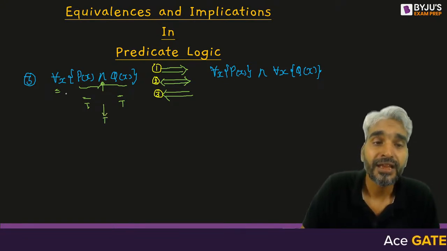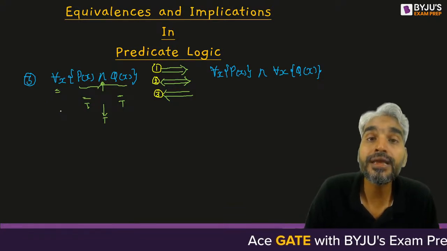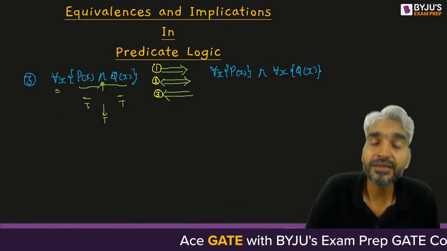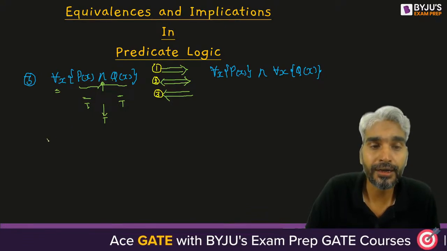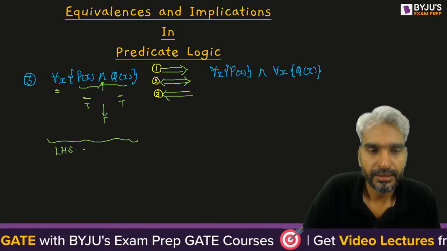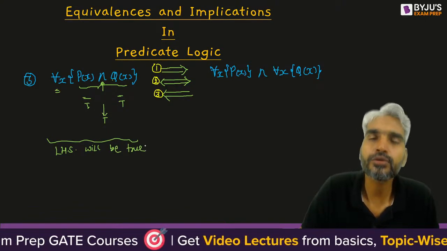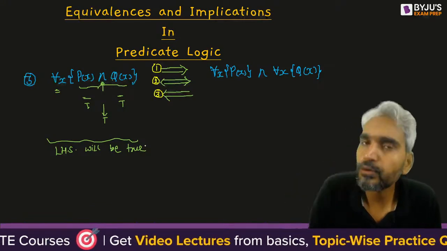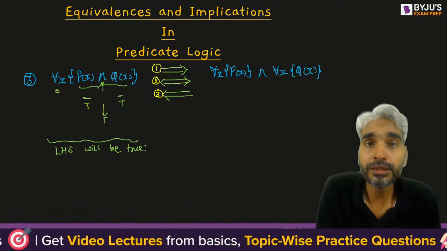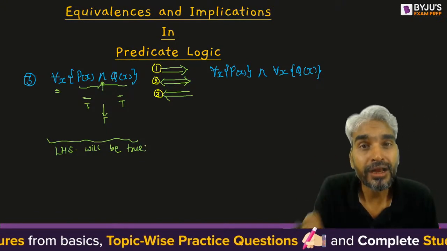It means LHS can be true only when both P as well as Q are true for all x. Yes or no? LHS will be true only if both P as well as Q are true for all x.